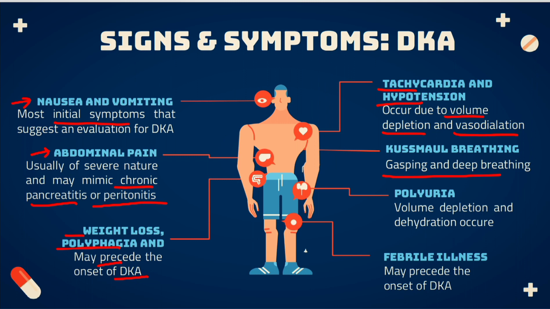This condition is known as Kussmaul breathing. Polyuria can be there, and this causes volume depletion and dehydration. Febrile illness: a person can have fever also, and many times this febrile illness precedes the onset of DKA. So there are two conditions which precede DKA: a person can have fever, or he can feel nausea and vomiting.